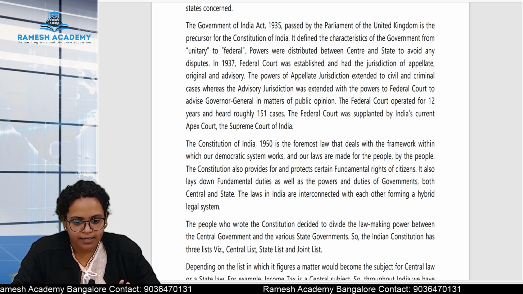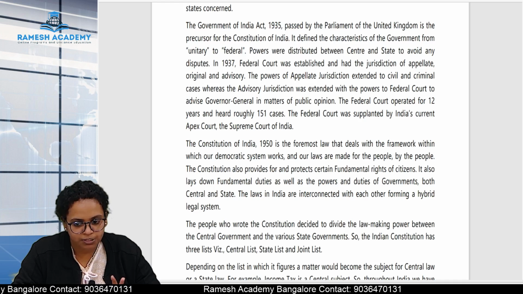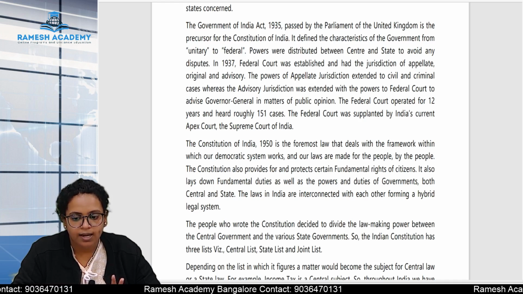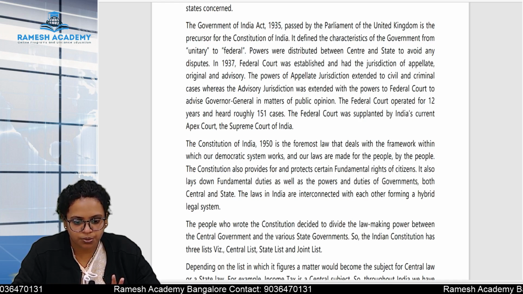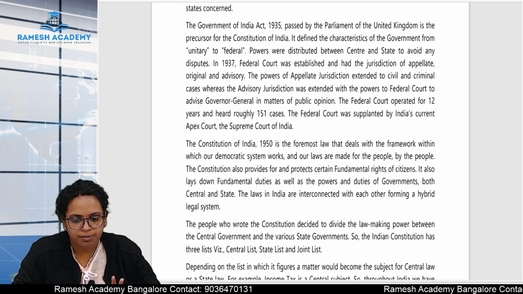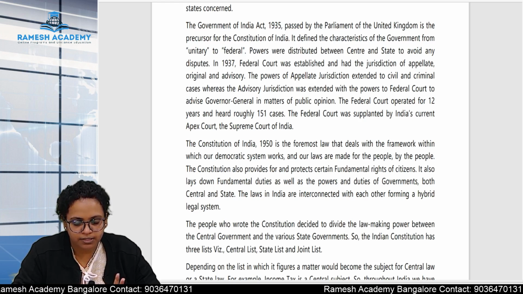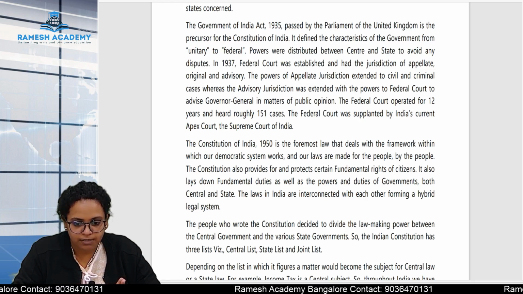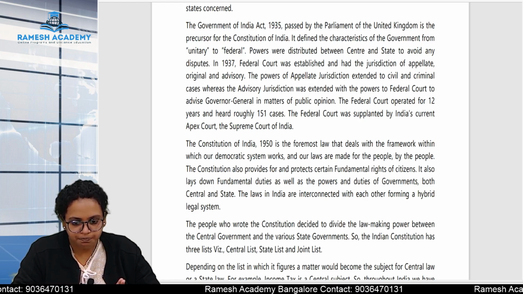Okay, in 1937 federal court was established. Please mark this line. In 1937 federal court was established and had the jurisdiction of appellant, original and advisory. The powers of appellant jurisdiction extended to civil and criminal cases, whereas the advisory jurisdiction was extended to the powers to the federal court to advise the Governor General in matters of public opinion.